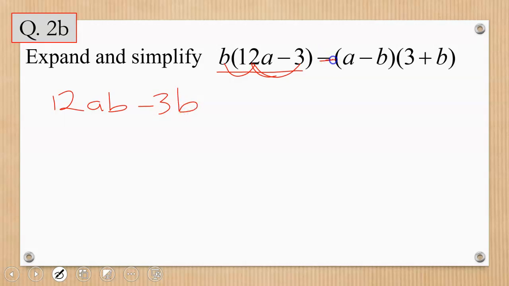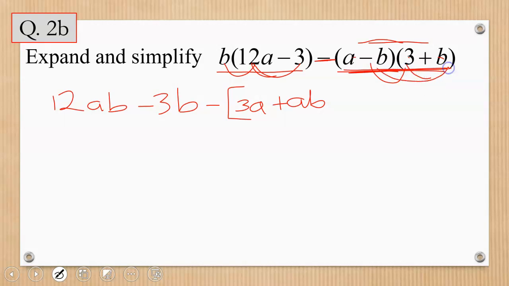Then our minus sign here affects everything in the bracket. Or better still, I can keep the negative and open a bigger bracket and expand this part of the work. So a will multiply 3, at the same time multiply b, and that gives us 3a plus ab. Then we pick the negative 3, also multiplying 3 and multiplying b, to give us negative 3b, then negative b times b will give us negative b squared.